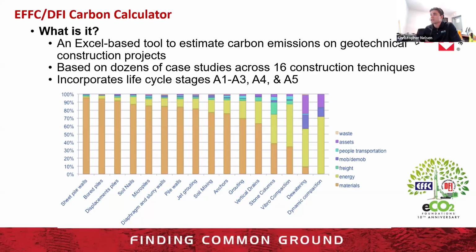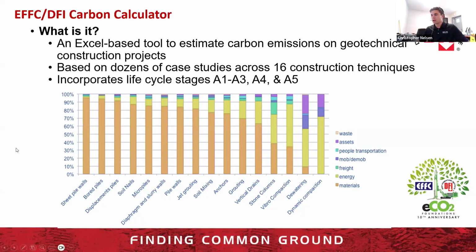It incorporates life cycle stages A1 to A3, A4, and A5. If you don't know exactly what that means, don't worry. You can look at the carbon reduction guide and some of the other resources that are available. Those are specific stages in the construction of a new project.